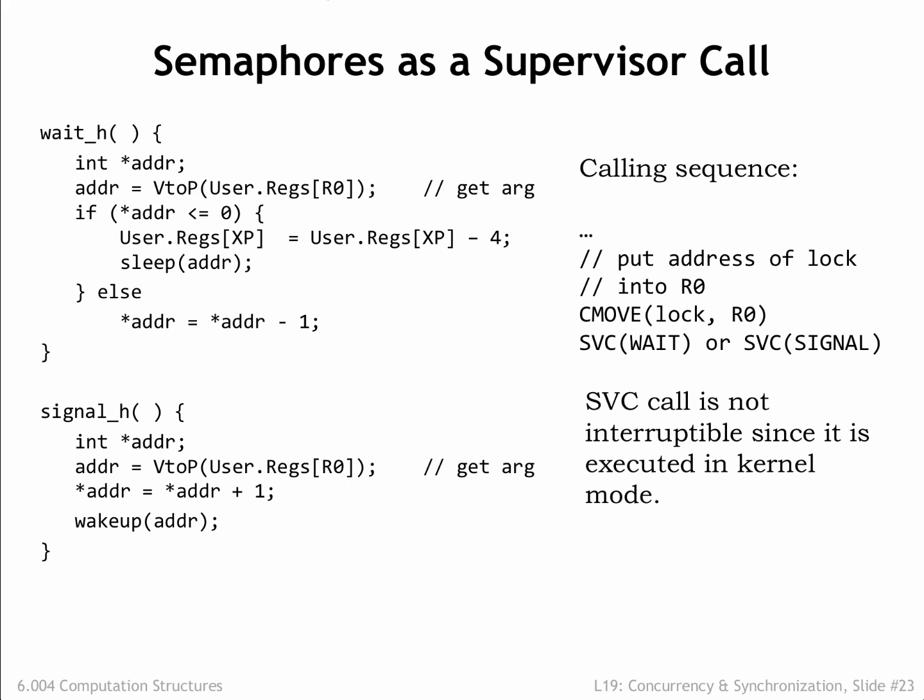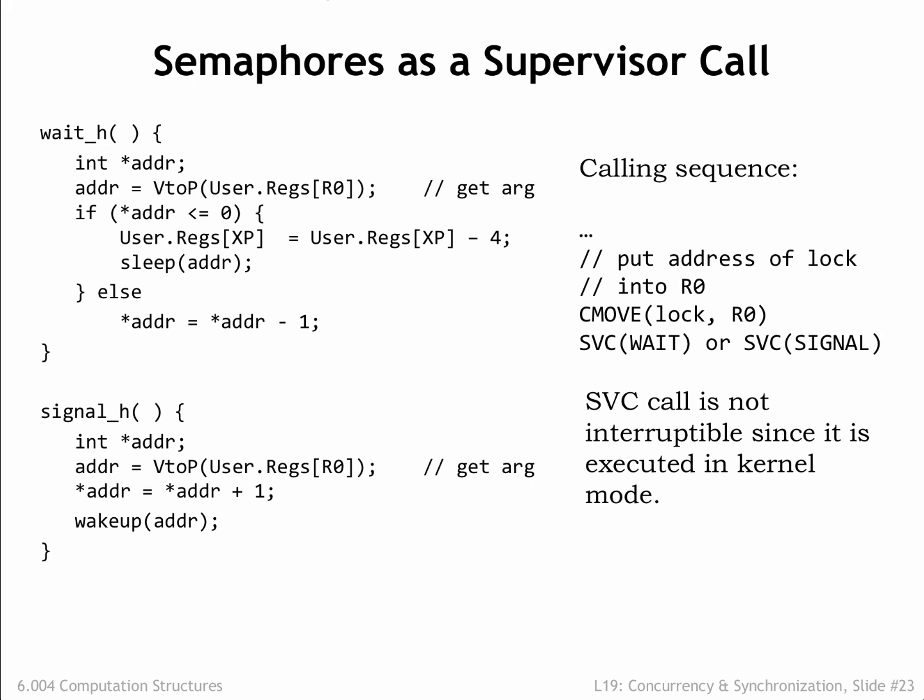Here are the OS handlers for the wait and signal supervisor calls. Since supervisor calls are run in kernel mode, they can't be interrupted, so the handler code is naturally executed as a critical section. Both handlers expect the address of the semaphore location to be passed as an argument in the user's R0.